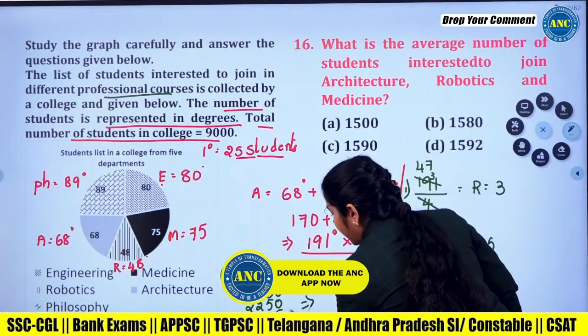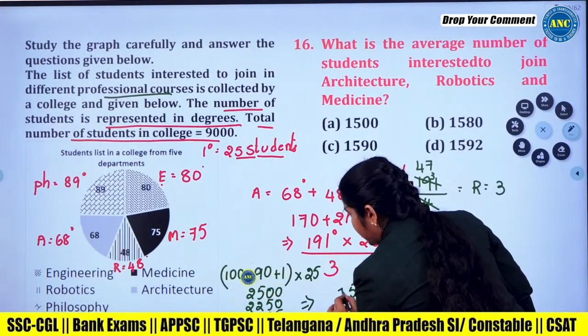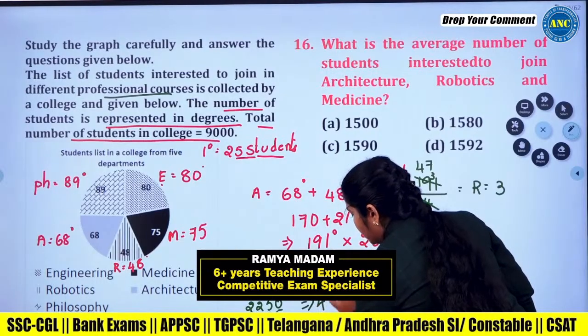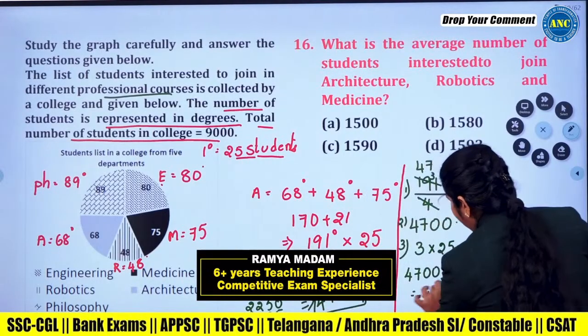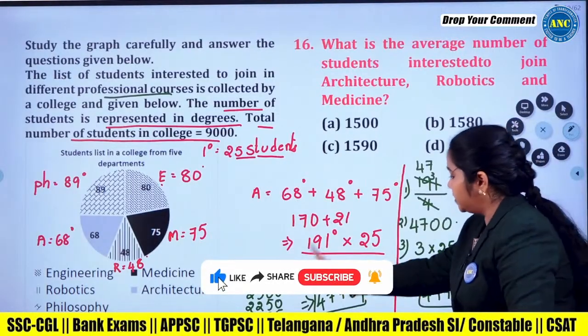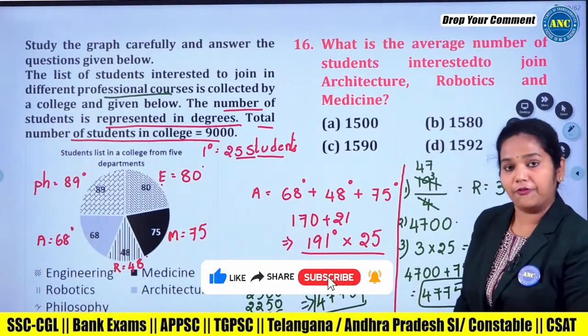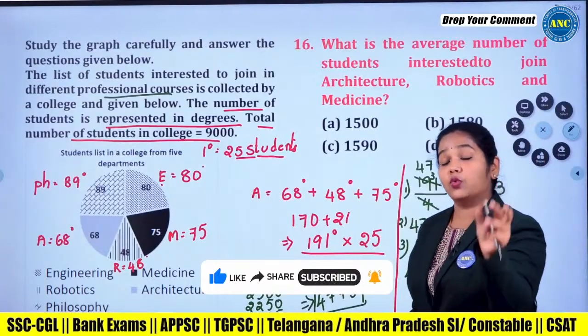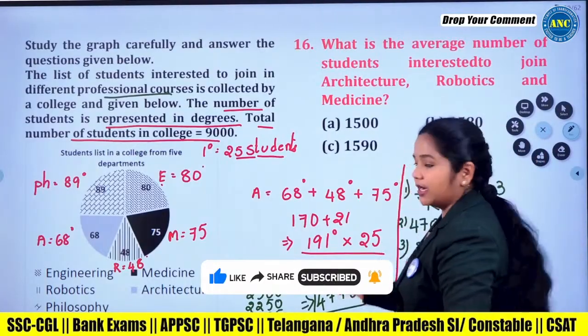So the answer will be 4775. Did we get the correct answer? Yes. Anyways, this way or this way, whichever way is comfortable for you, whichever way you think is easy for you, you can go further.